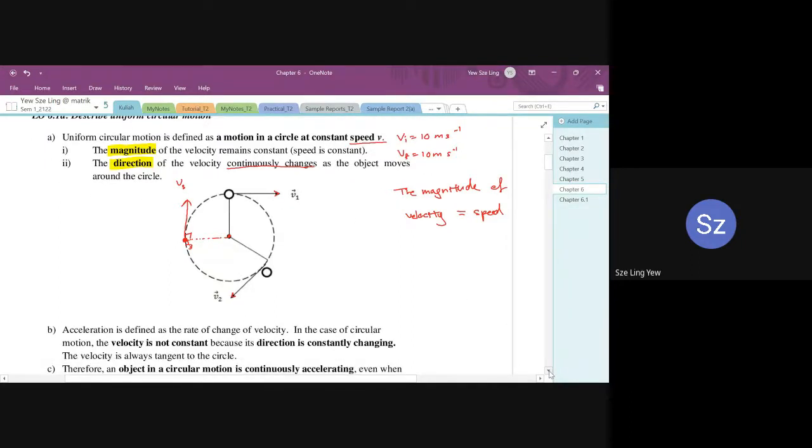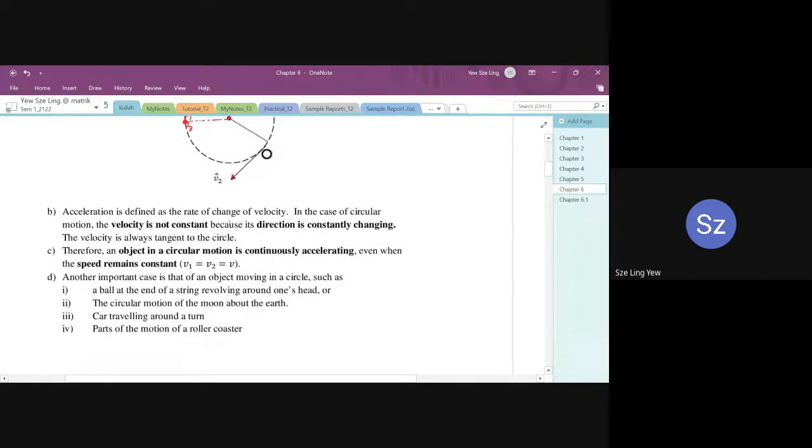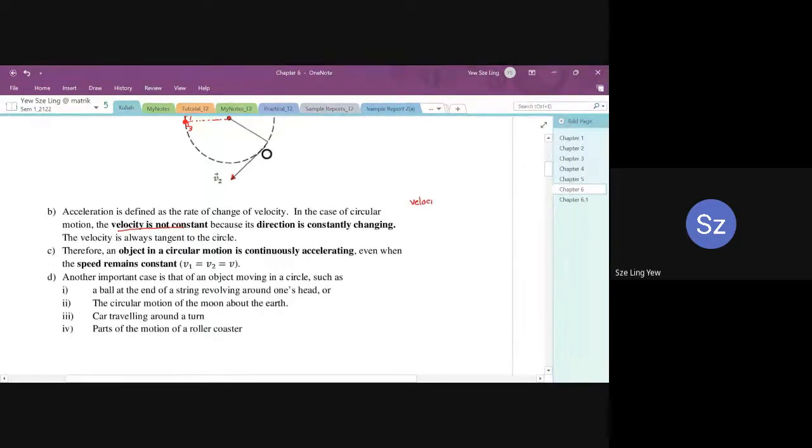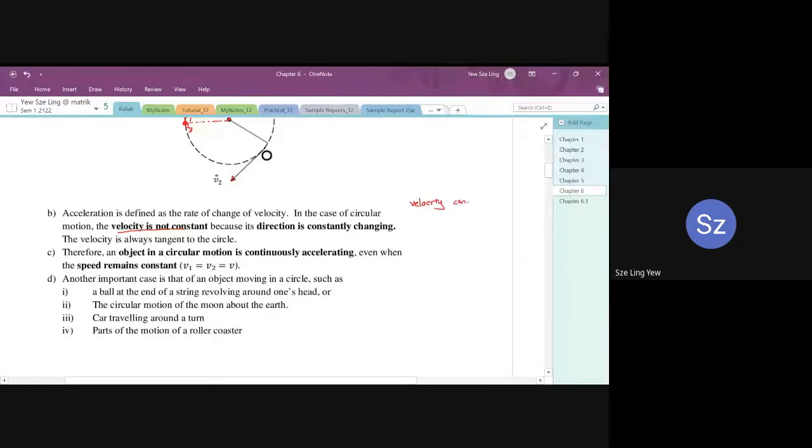Acceleration is defined as the rate of change of velocity. In the case of circular motion, because our velocity is not constant, because the direction keeps changing, the acceleration is not equal to 0. Let's look at this. When we say velocity is constant, what does it mean?